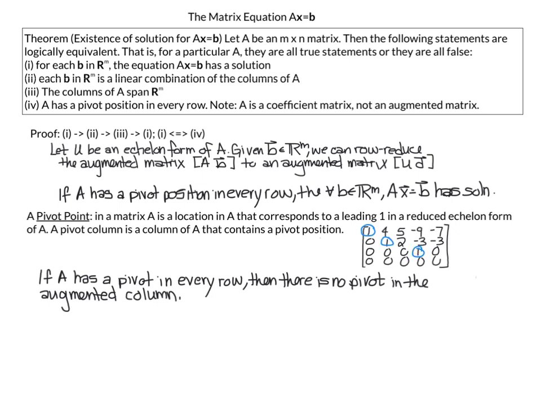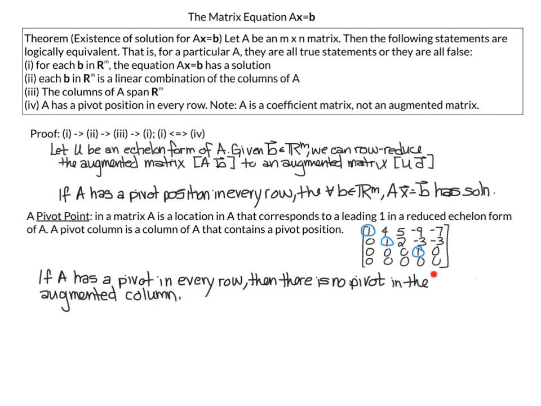Also, it does not meet the criteria that A has a pivot position in every row. It only has a pivot position in rows 1, 2, and 3. It's missing a leading 1 in the 4th row. So if A does have a pivot position in every row, then there is no pivot in the augmented column.